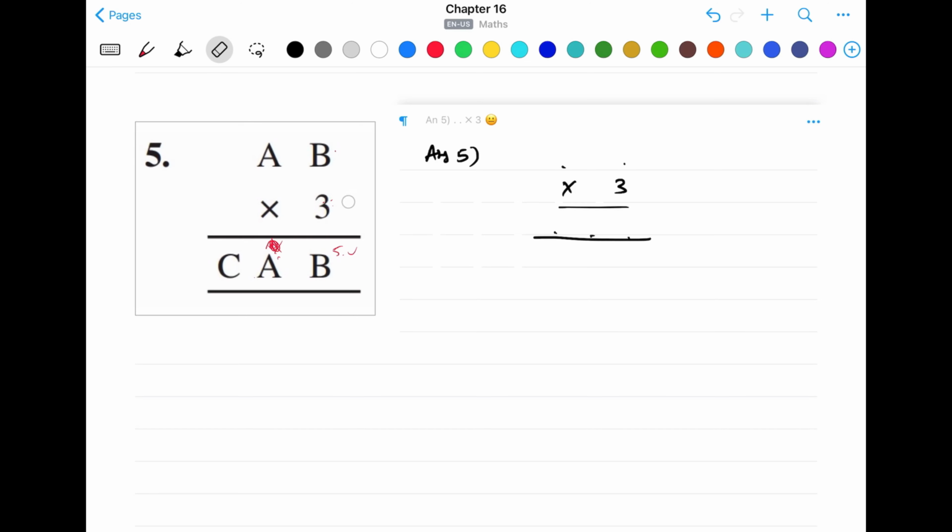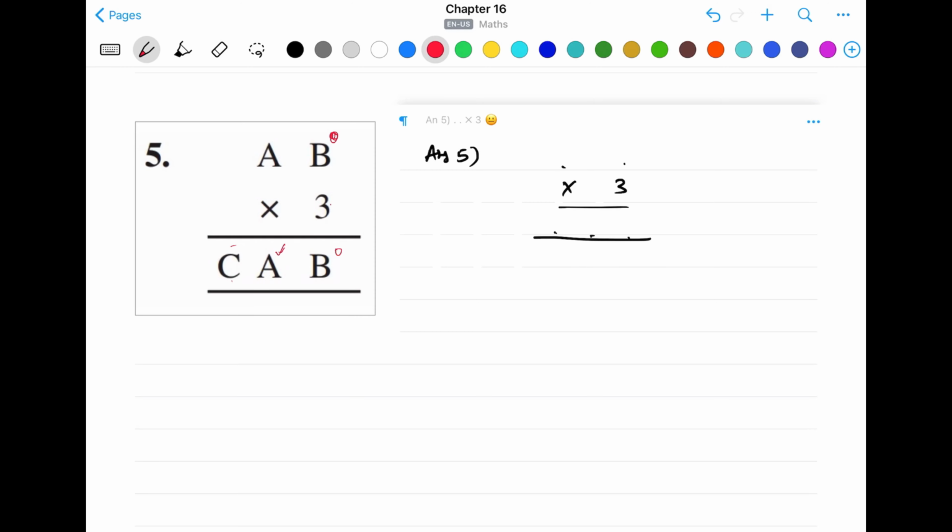Okay, let's take now any other number. Let's take at the place of B 0, then this 3 into 0 will again result as 0. That means at the place of B we have 0. Okay, now let's take at the place of A a number such that we should get the same number at the ones place and then a number at the C's place.